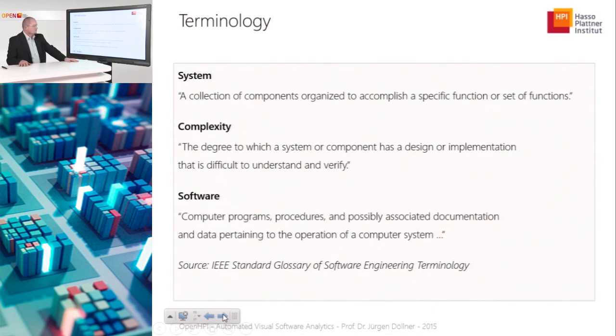Software, most of you know what software is. Formally, software is defined as computer programs, procedures, and possibly associated documentation and data pertaining to the operation of a computer system. All these definitions are taken from the IEEE glossary of software engineering.